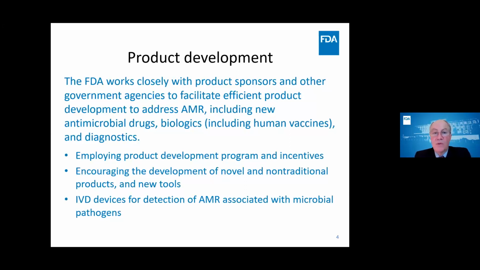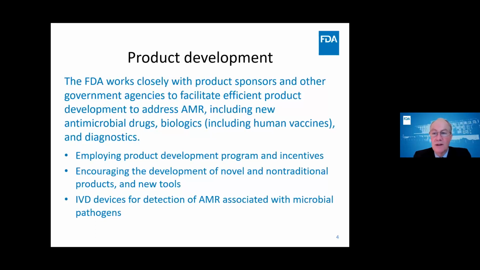Following those four areas, what are some of the things we do on product development? Well, FDA works closely with our product sponsors. We also work with other government agencies to facilitate product development and address antimicrobial resistance. We're working on developing new antimicrobial drugs, also vaccines and biologics. We employ a product development program, and in some cases, we incentivize the development of some of these new antimicrobials.